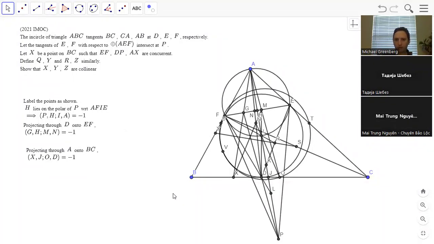DJ is BJ minus BD. And then OJ is CJ minus BC over 2. And OX is BC over 2 minus BX.